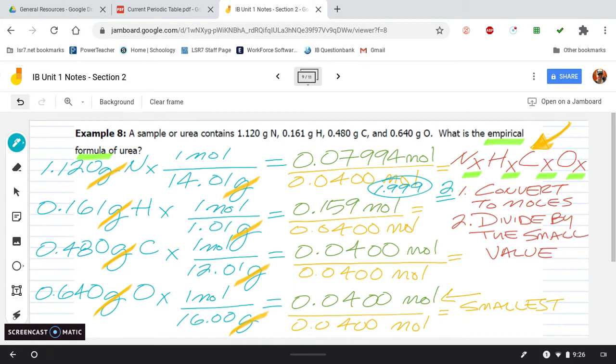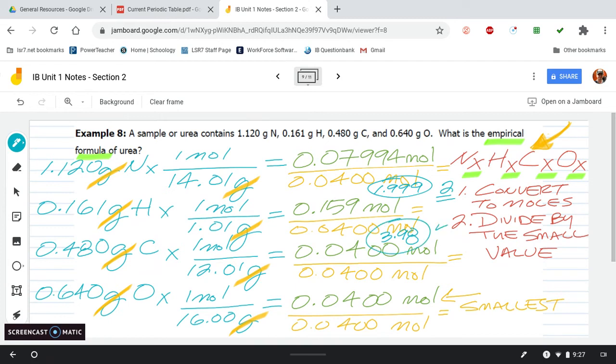So next one's 0.159 divided by 0.0400. And that one, my space is kind of tight here, so I'm going to squeeze that one right in here. 3.975 is going to become 3.98. Okay, well, 3.98, what can we round that to?